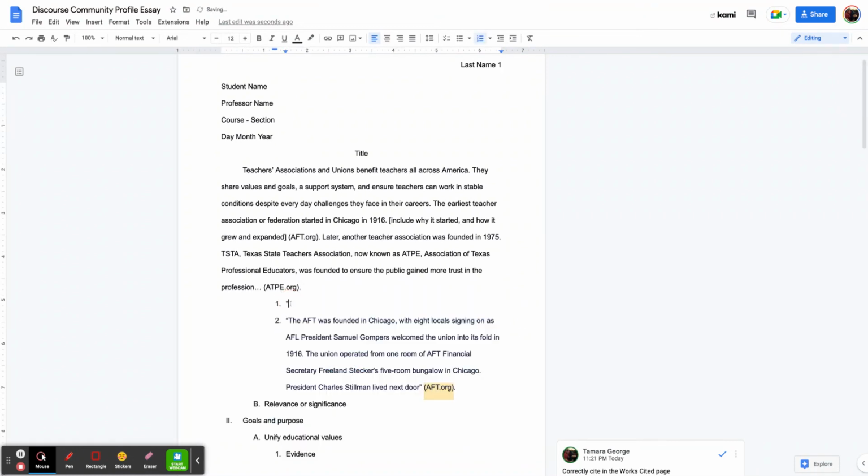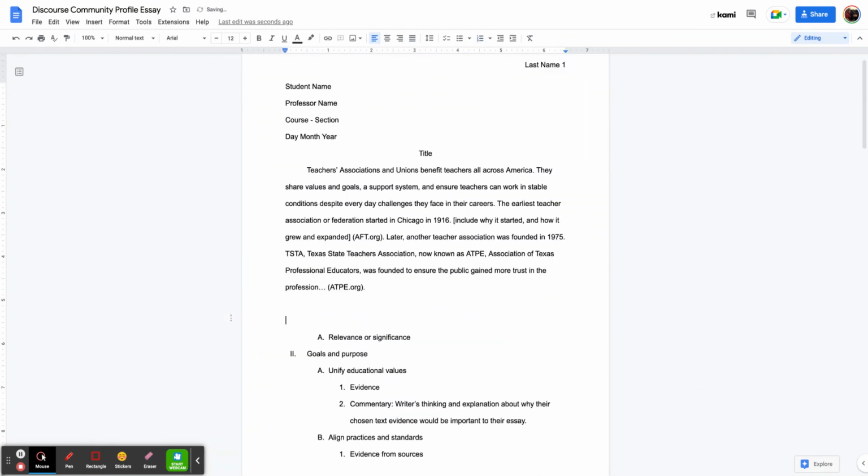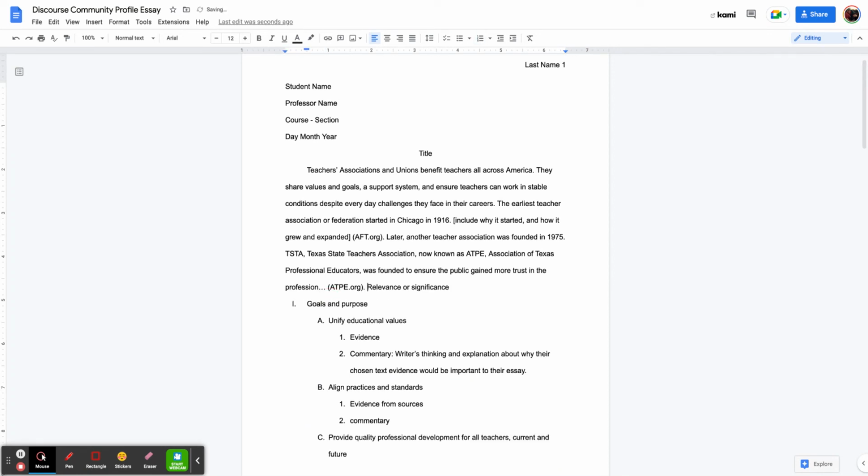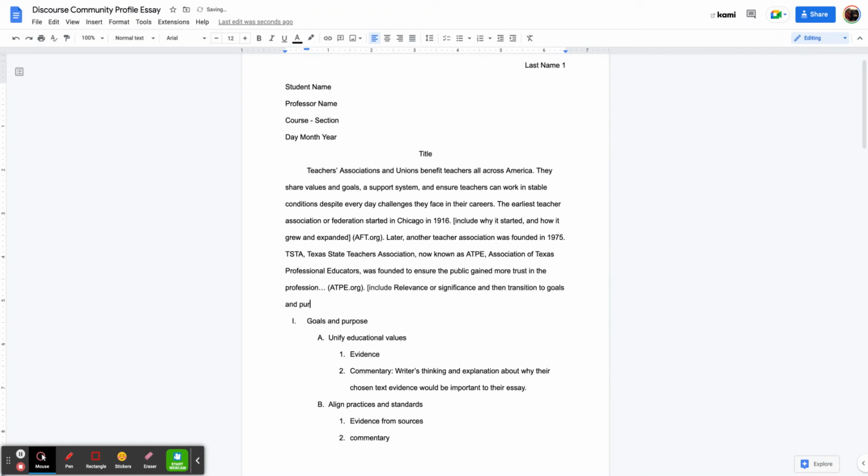So there you see that I took everything straight from my outline into an introductory paragraph. And then transition to goals and purpose.